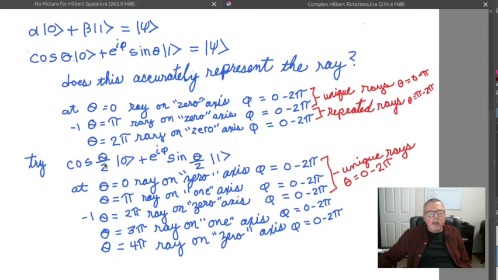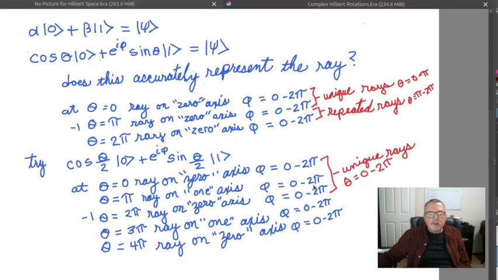Now let's see what happens here. Between 0 and pi, which is really going to be 0 and pi over 2, unique rays. No problem there. Between pi and 2 pi, do we have unique rays there?